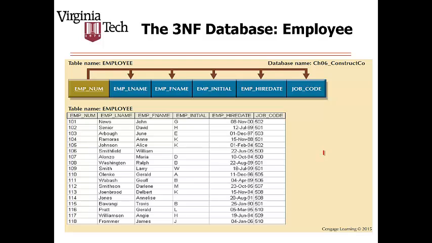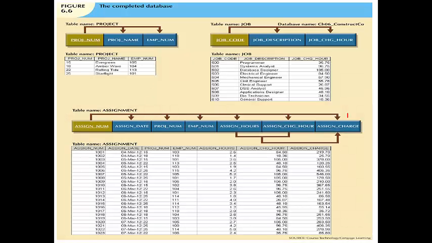Well, so here's a third normal form database for employee. If you take a look at these attributes, employee last name, first name, initial, hire date, and job code, those are all things that are fully functionally determined by the employee number. Similarly, here we have project. Project determines the project name and the employee number.